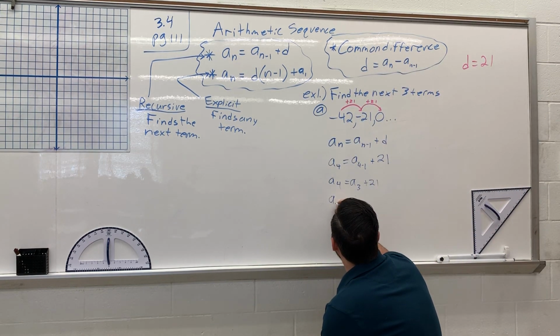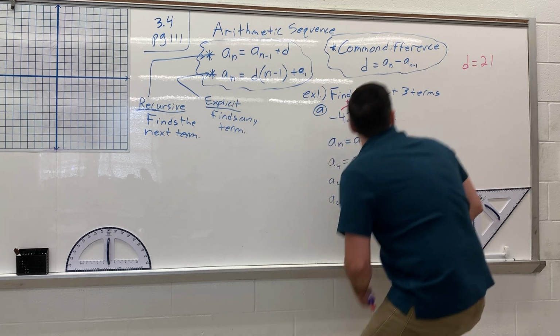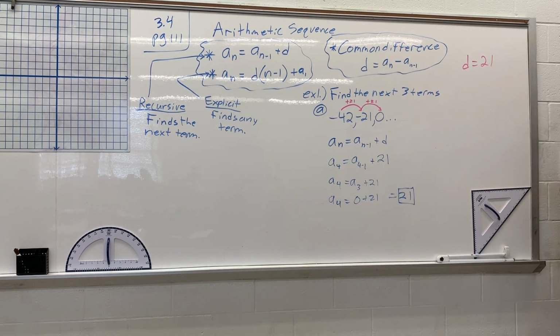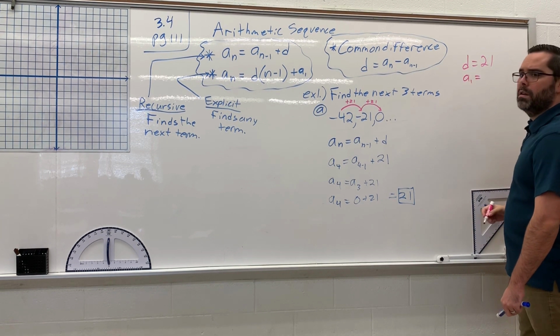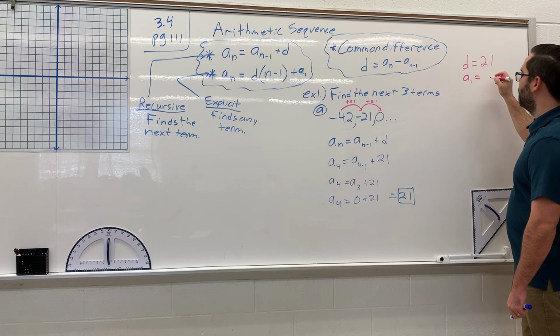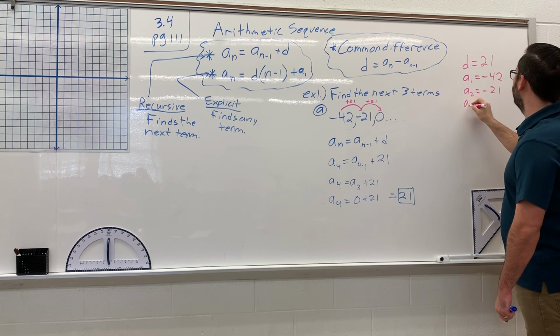So a sub 4 is equal to 0 plus 21, which equals 21. So the fourth term in the sequence is 21. So what is a sub 1? The first term. What is it? Negative 42. What is a sub 2? What is a sub 3? What is a sub 4?